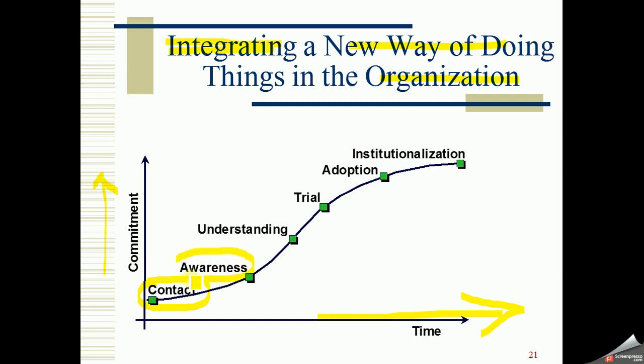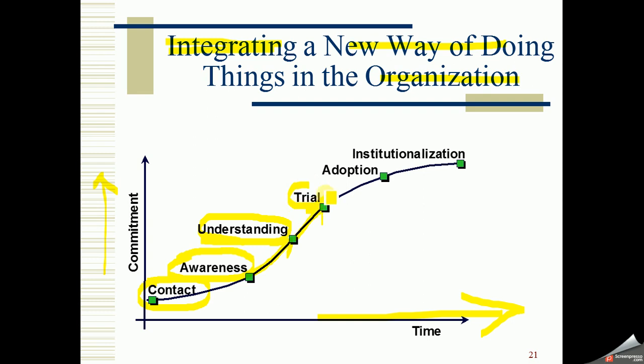Next, we need to create an awareness of the new process, of the new way of doing things. We need to develop a clear understanding of how things need to be done. And here you can see we need more commitment from the people. The next step, the trial, will need much more commitment.